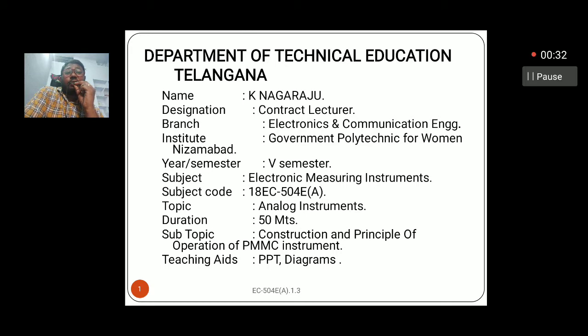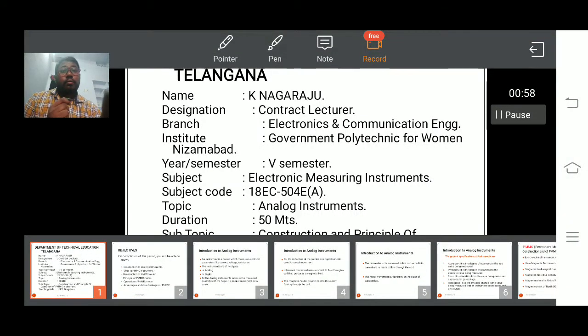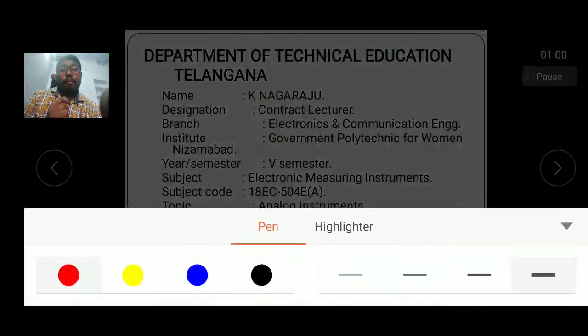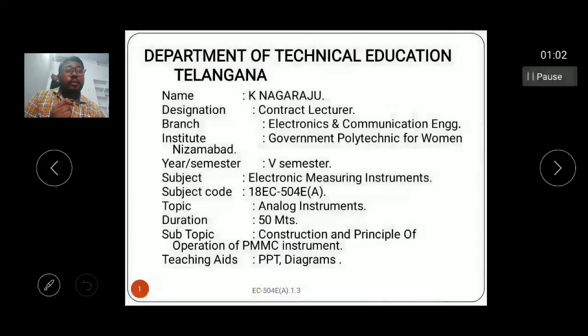In this instrument I am going to explain the construction of the PMMC as well as the principle of the PMMC and the torque equation in the PMMC, and also I would like to explain the advantages and disadvantages of the PMMC instrument.